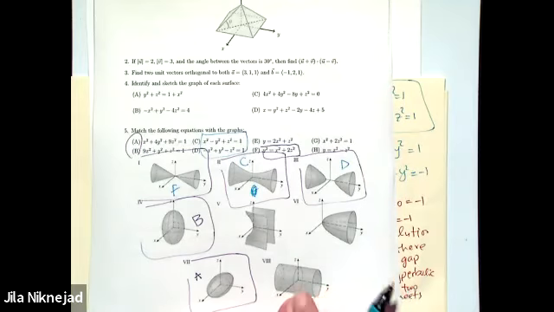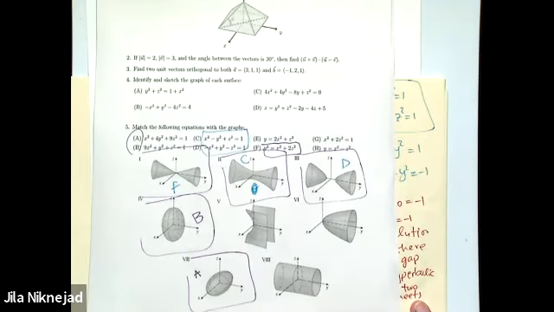Notice the one that is a cylinder. With a cylinder, you get the same cross-section in one direction for any values of y, right?